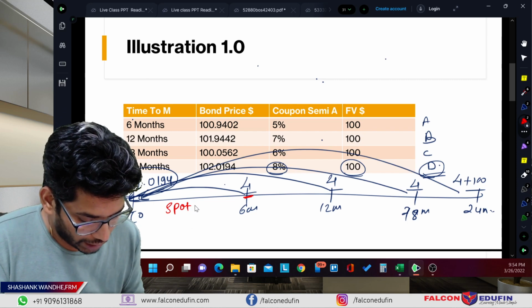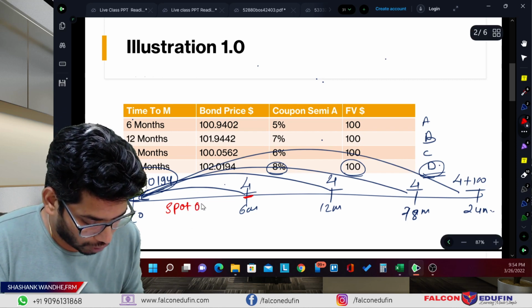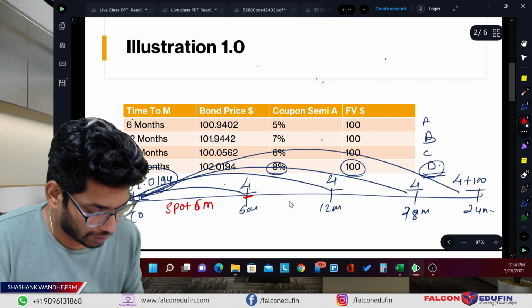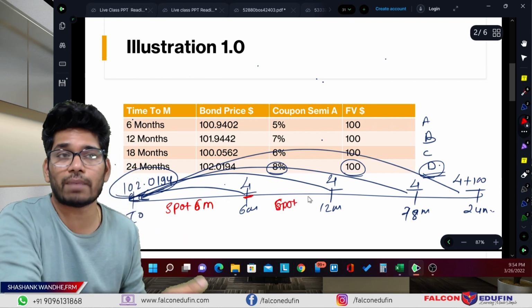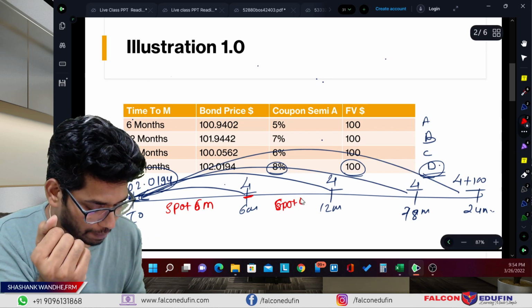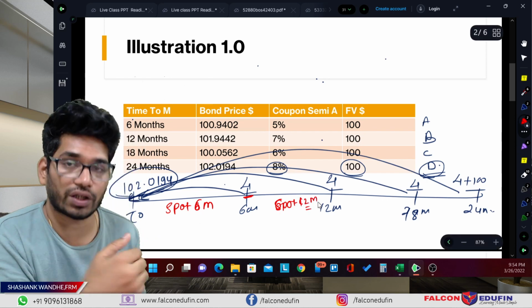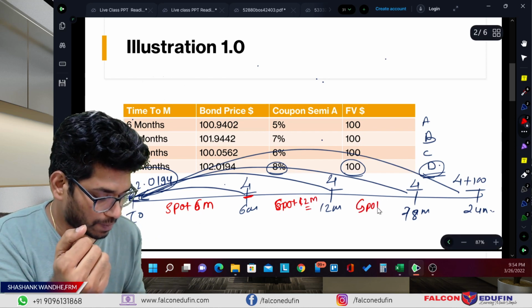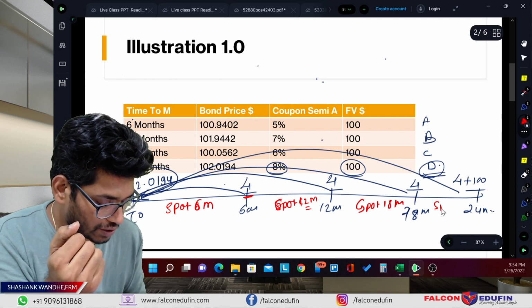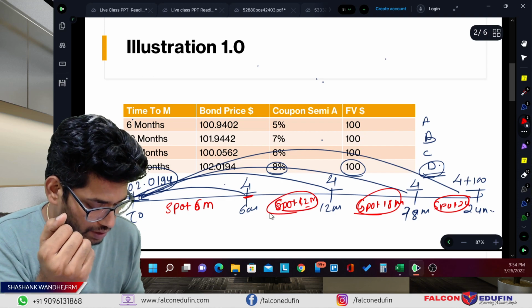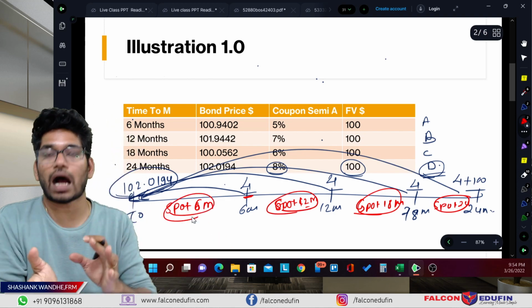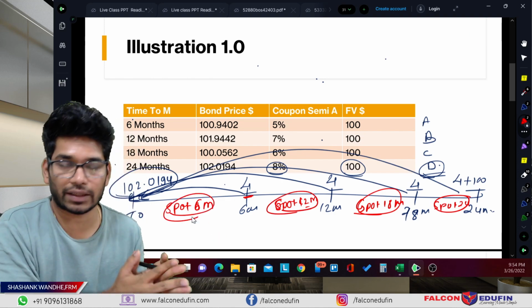We use the spot rate applicable for 6 months, then for the 12 months cash flow the spot rate for 12 months, then the spot rate of 18 months, and then the spot rate of 24 months. This is the spot rates information, so we are discounting at time t0 like this.